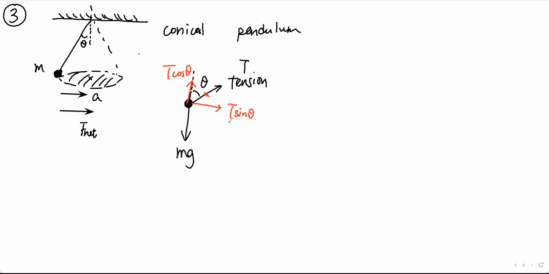Now T cosine theta and mg do not point towards center of circle. T sine theta points towards center of circle. So therefore, T sine theta is actually the net force acting on the bulb. So T sine theta is a net force, okay? And that's your ma.